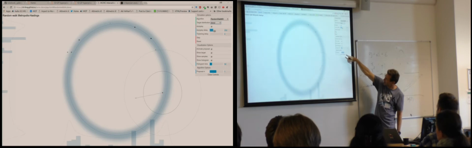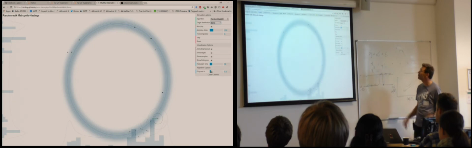You can see the red arrow is when it's rejecting, and because it's narrow, it's rejecting a lot. And of course, we could make the step size smaller, rejecting less. But even then, it's rejecting a lot and it's moving really slowly because it's small steps. And we would like to sample more efficiently.